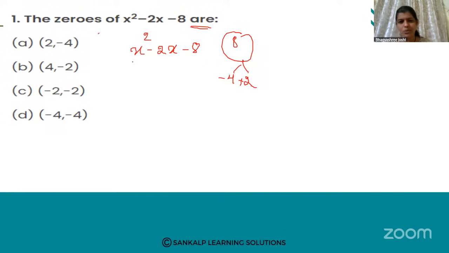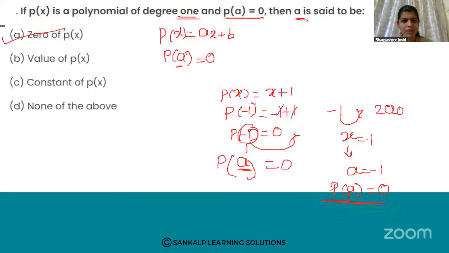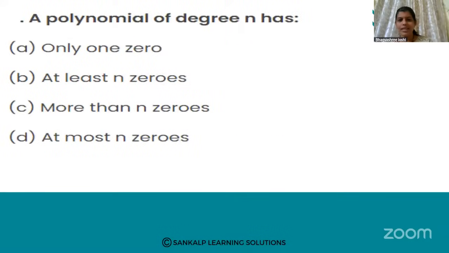That is minus 2. X square minus 4x plus 2x minus 8. Right? Now, make two groups. X minus 4, x is common. Here 2 is common. X minus 4, x minus 4 equal to 0. X plus 2 equal to 0. It is the same as the last problem. We did it last time, didn't we? Okay. So 4 minus 2. Already we did this. Let us see the next one.